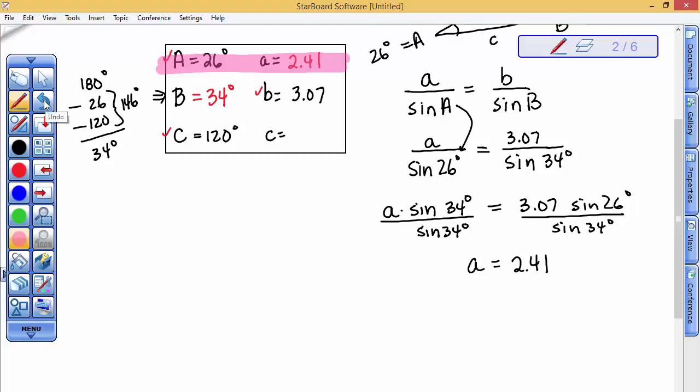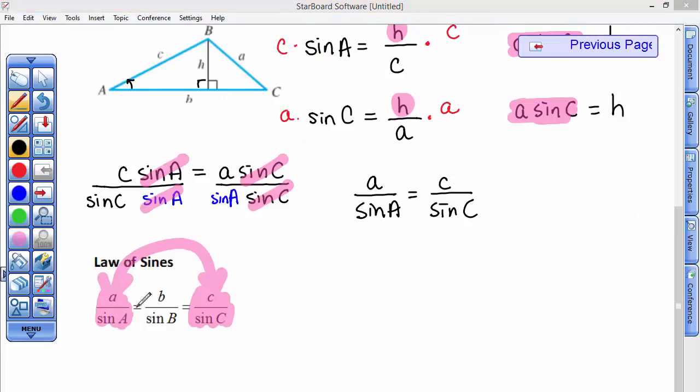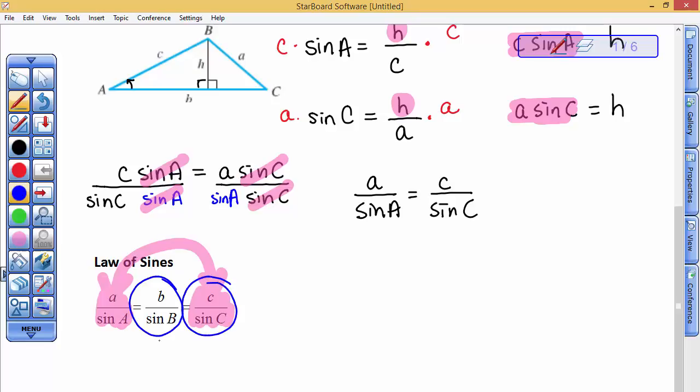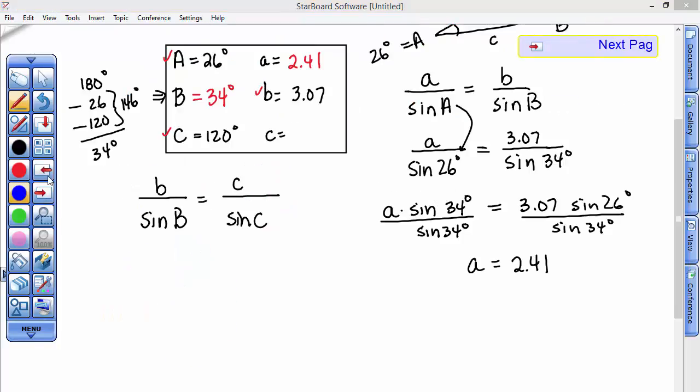You know, this law of sines, I only use 2 portions at a time. So again, B over the sine B equals C over the sine of C.